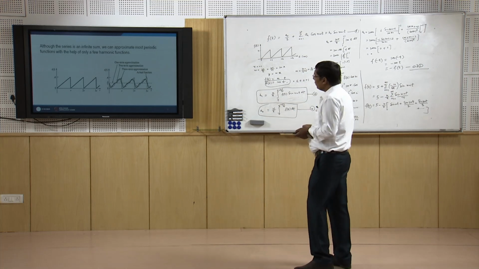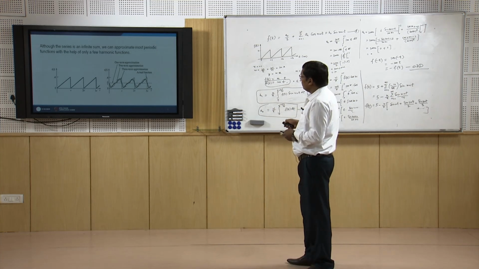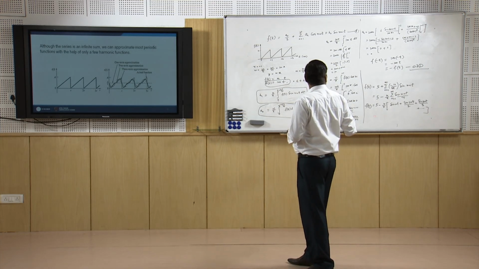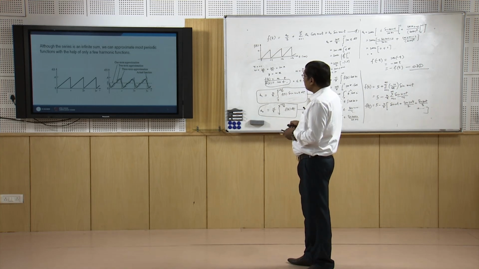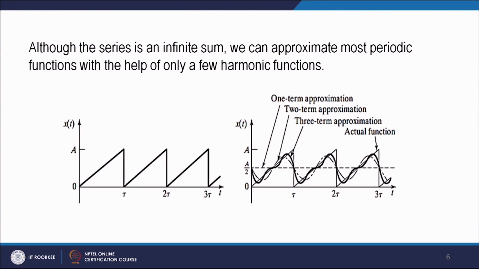Now, for this triangular series we can see that the series is infinite because it goes from n equal to 1 to infinity, but the first few terms can give us a feeling that the harmonics are going to produce the periodic function.